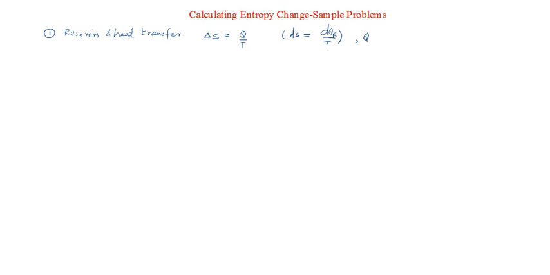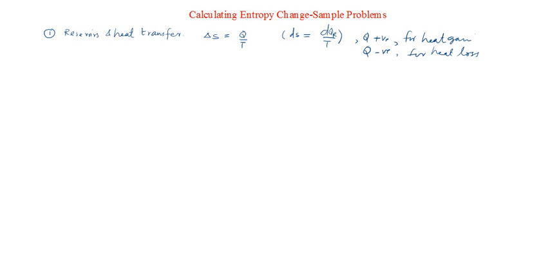Q is positive for heat gain, meaning usually the low temperature reservoir will be gaining heat, and Q is negative for heat loss. So that is the thing. So delta S for one reservoir will be positive and delta S for the other reservoir will be negative.